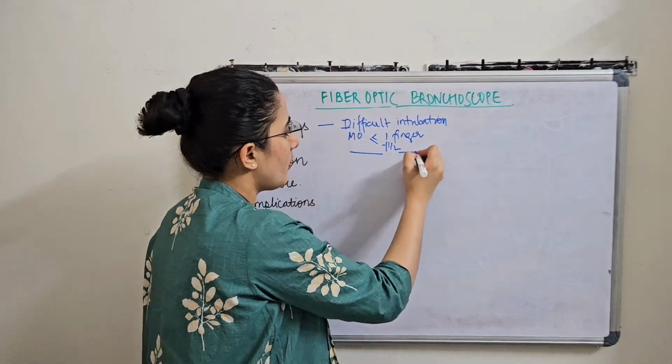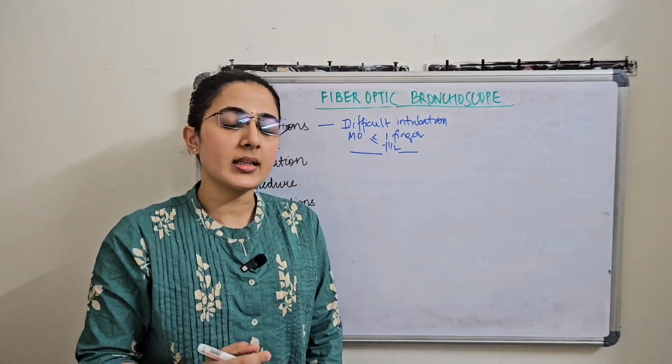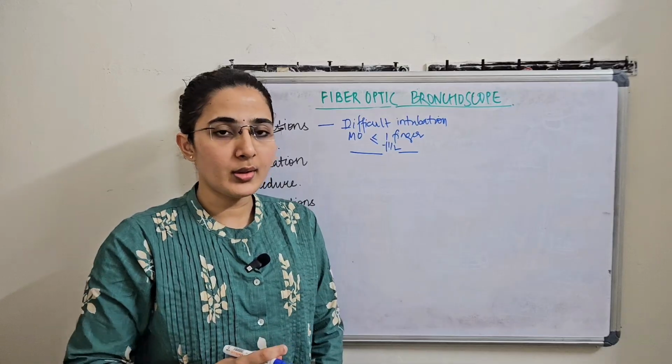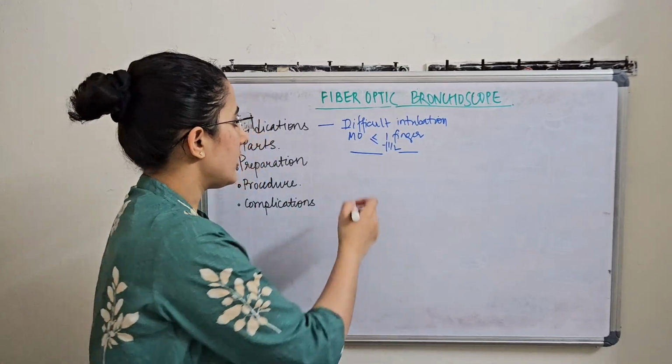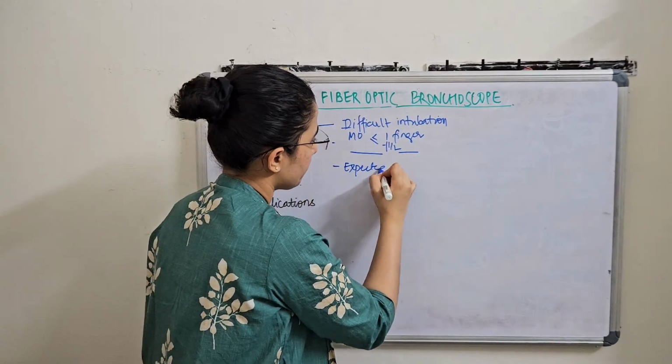Where mouth opening is very small and the blade of a laryngoscope cannot be passed, we definitely require a fiber optic bronchoscope. And third is in patients with an expected difficult airway.